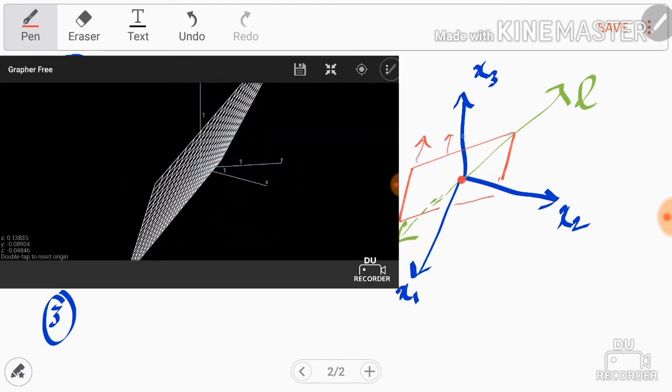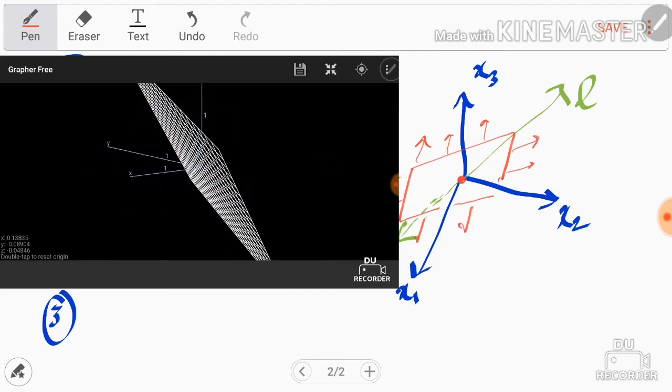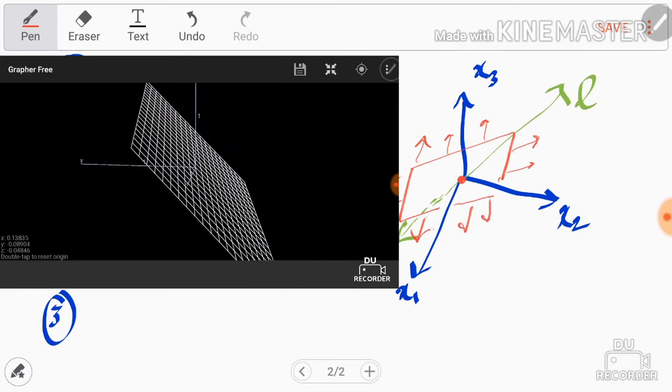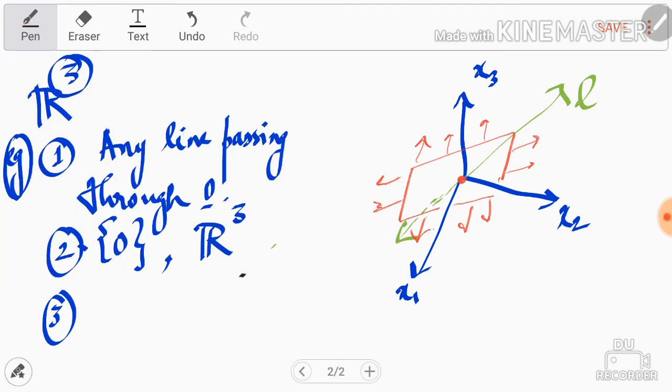Of course, the plane stretches to infinity, and remember, you have to consider the sets only passing through the origin. So we have 4 different types here.